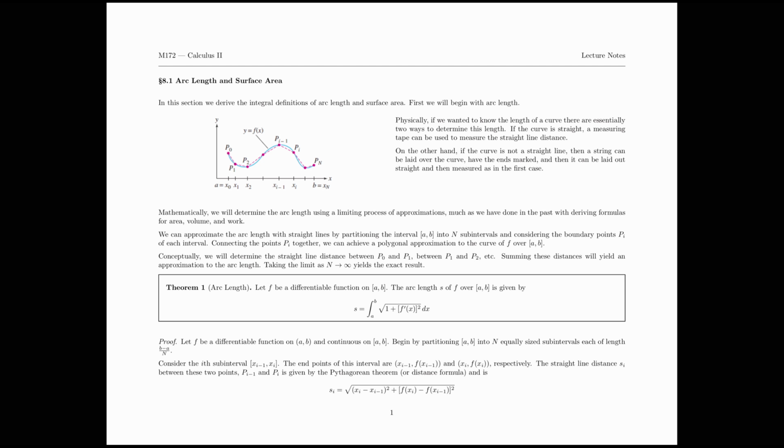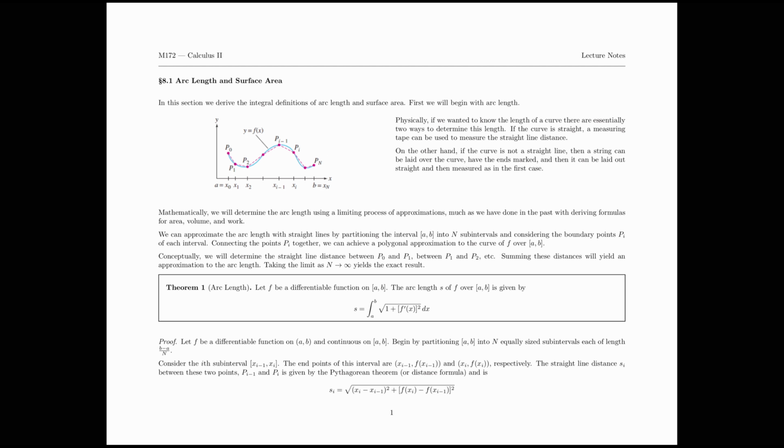So we take this full curve and we split it up into some straight line segments. Although it is curving, we can approximate it with a straight line segment, and that distance will give us a good approximation provided we have split this interval up into sufficiently many little pieces.